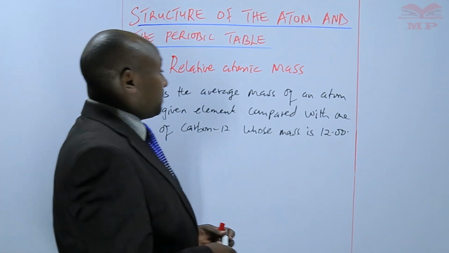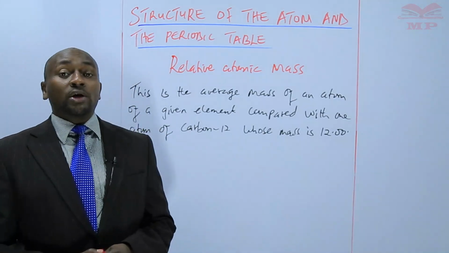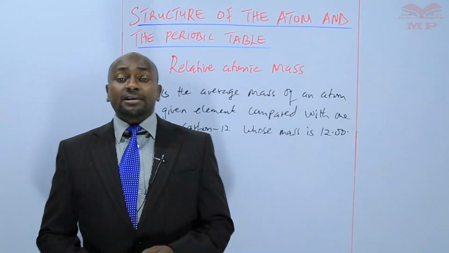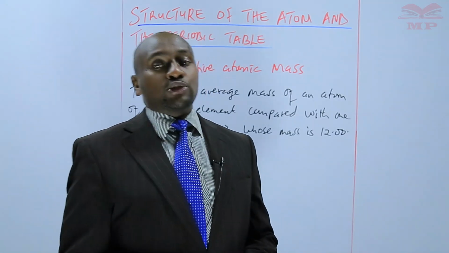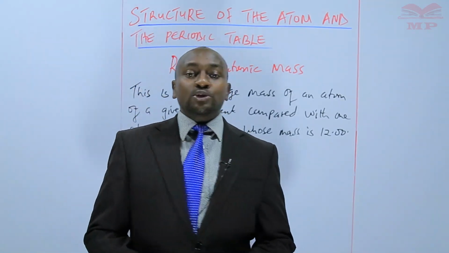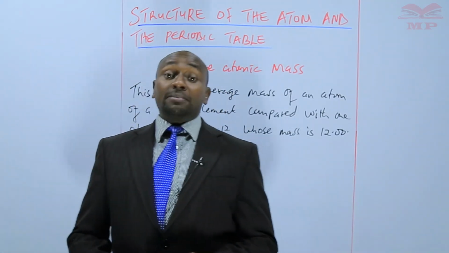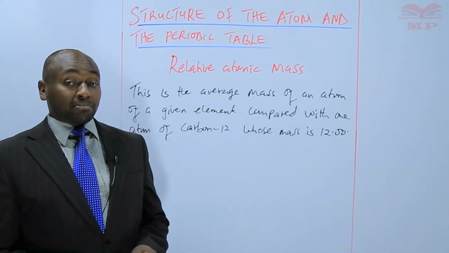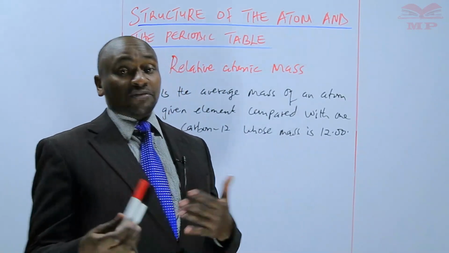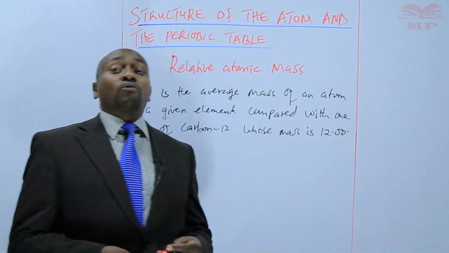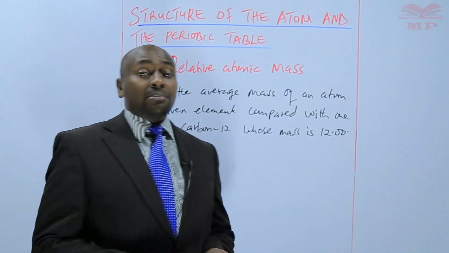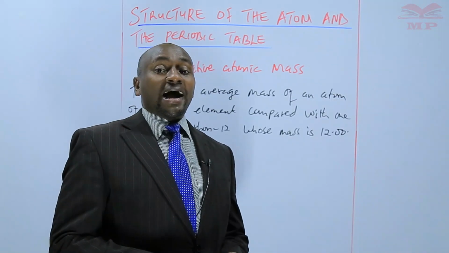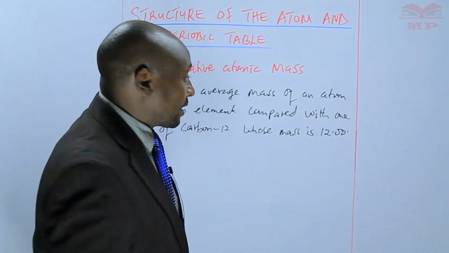There is a formula that is used to calculate the average mass or the relative atomic mass, especially where we have isotopes. We know that isotopes are atoms of the same element having the same atomic number but different mass number. So if you have different mass numbers of the same element, then we can calculate the relative atomic mass or the average atomic mass.